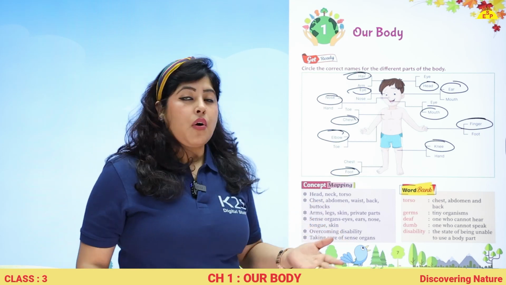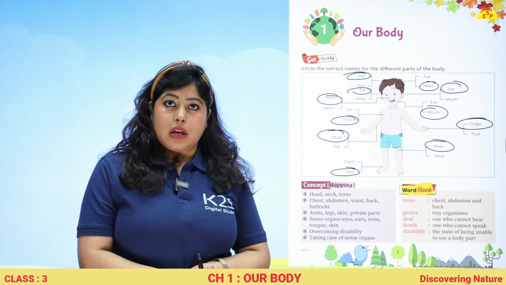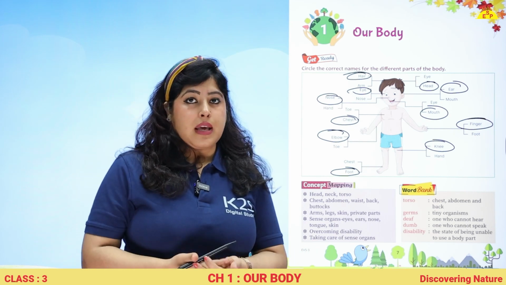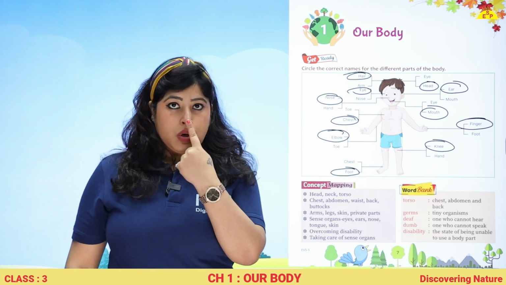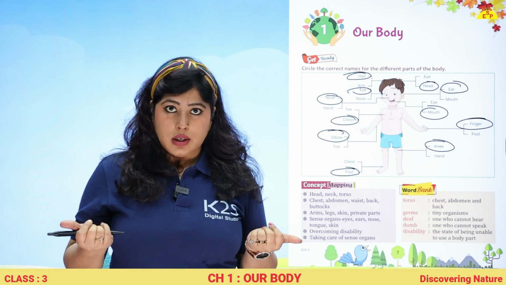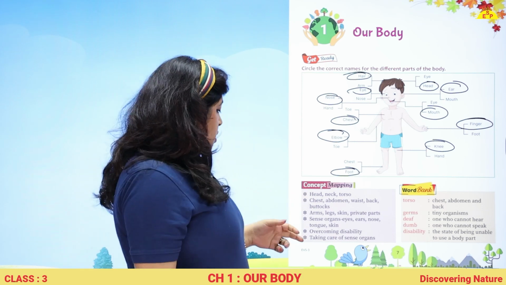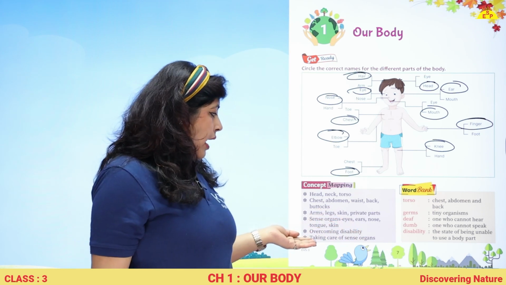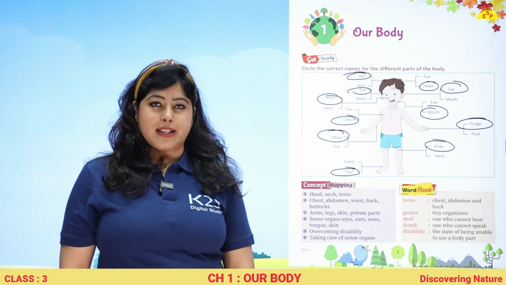Sense organs, we all know we have 5 sense organs as we have learned in your last classes as well, from which we can sense our environment. Can we recall that? Yeah, that are your eyes, nose, tongue, ears and your skin. Then is overcoming disability and taking care of your sense organs. So let's just start the chapter.